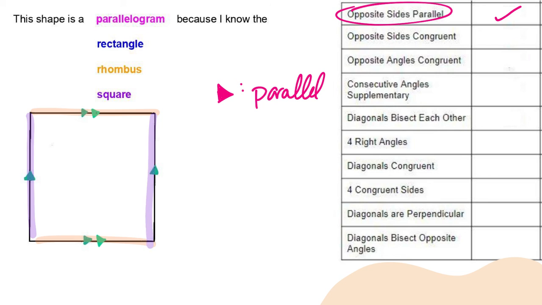And so that means that I must have a parallelogram. And I know it's a parallelogram for the most specific name because even though it could be all of these other shapes, I don't know any properties that are specific to those other shapes. I only know the property that says that it is true for at least a parallelogram. We're looking for the most specific name.